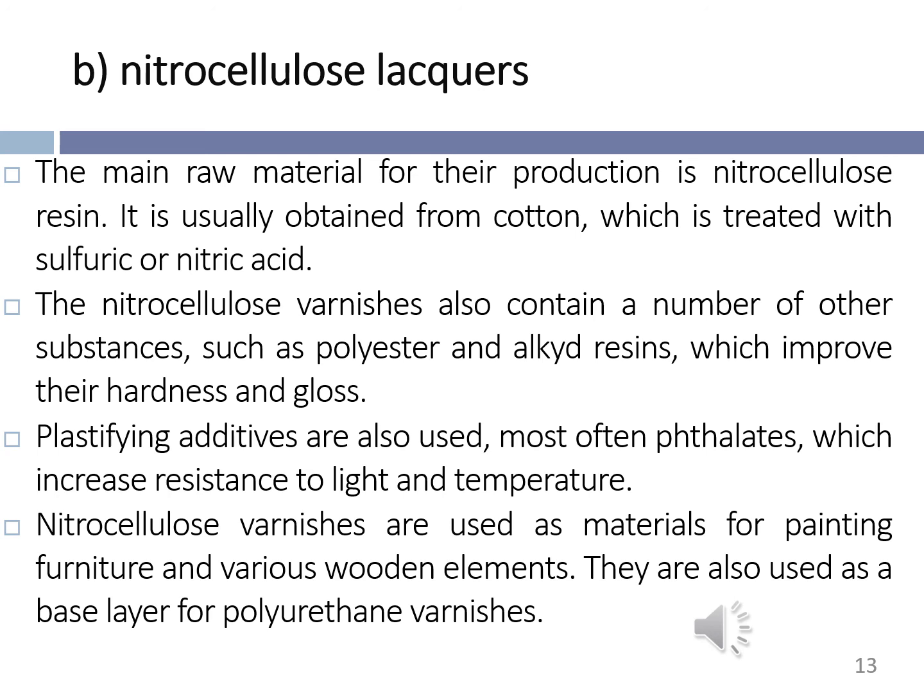The varnishes produced from nitrocellulose are used in the painting of furniture. They are used to provide the coating on various wooden elements. They provide a base layer for polyurethane varnishes.